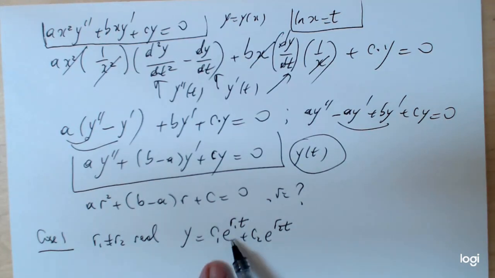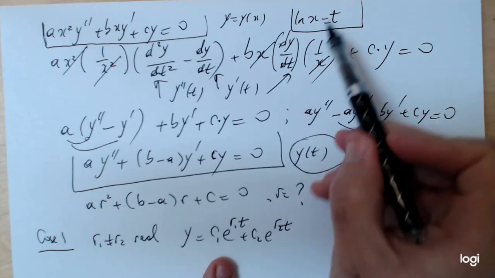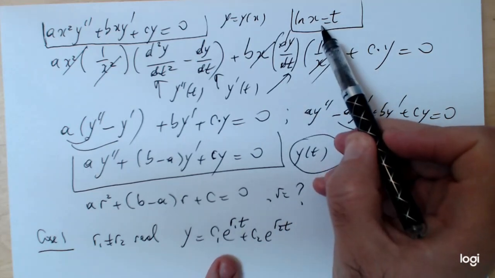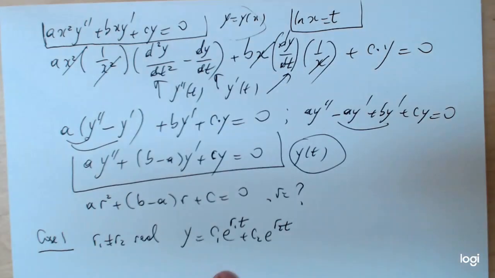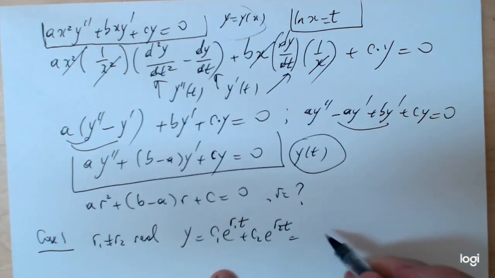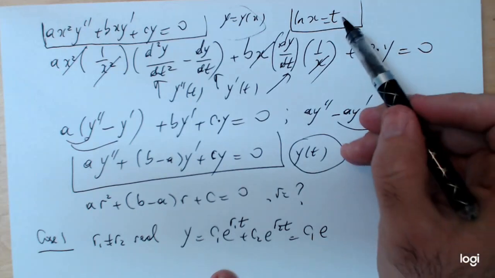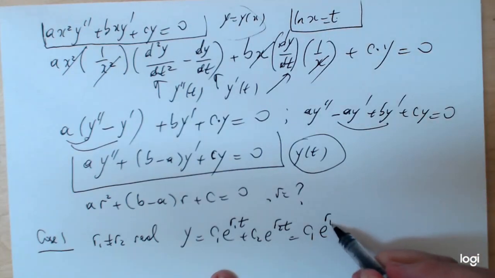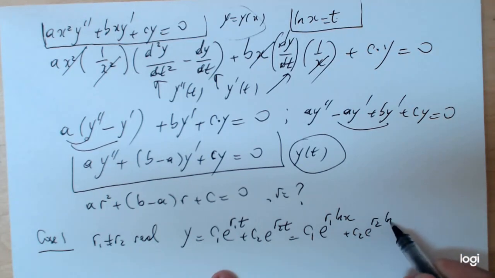But remember now, at this point, you have to go back to x, right? Because of that substitution. Remember, your answer in the end should be a function of x for the original equation. And if you replace t with natural log of x, you can make some simplification at this point, right?